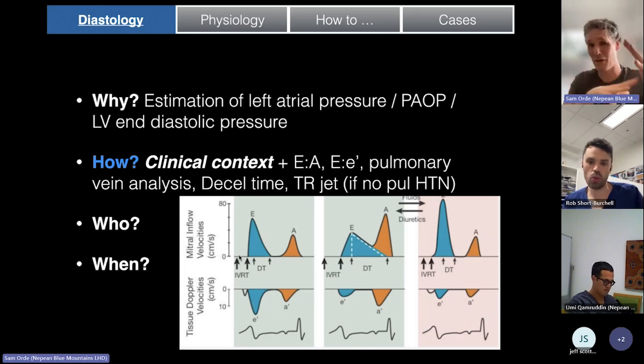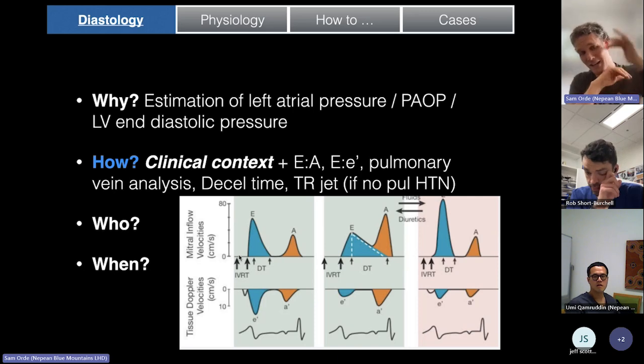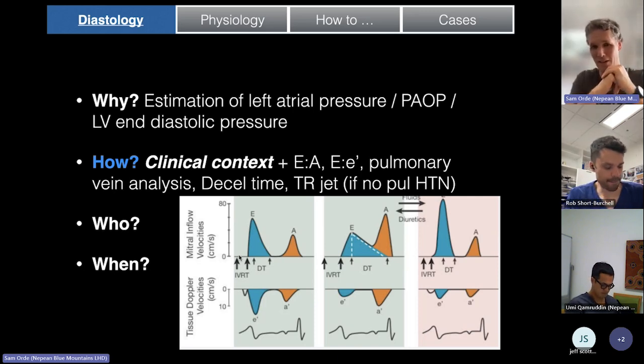So we try to put that all together with our diastolic dysfunction assessment, and that includes looking at the E to A ratio of their mitral inflow velocities. We can look at our tissue Doppler imaging, particularly our E prime, that early movement of the mitral annulus towards the base of the heart, and compare the big E wave with the E prime.